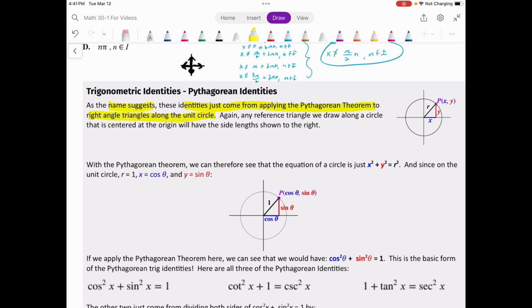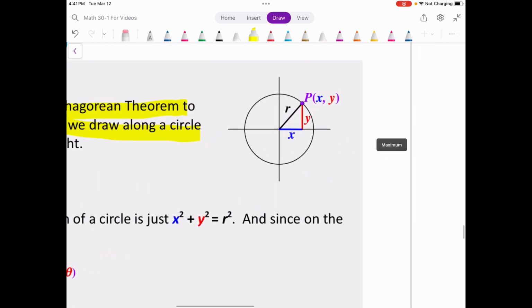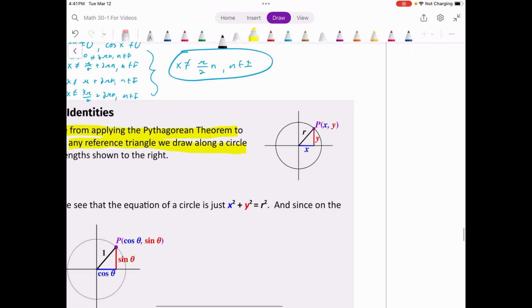Because again, any reference triangle that we draw along a circle that is centered at the origin is going to have these side lengths, right? If I take a circle, sweep out an angle with a radius r, right? Then it has some x-coordinate and some y-coordinate at the point where that terminal arm of the angle intersects with the circle that I'm sweeping out while I make my angle, right?